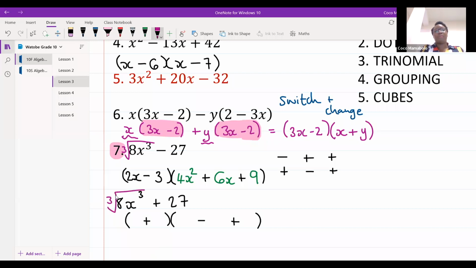Cube this one and cube that number. If I cube 8x cubed, it's going to give me 2x. If I cube 27, I'm going to get 3. Then I just do the same thing again. 2x all squared is 4x squared. I'm going to explain again now, Tebo. 3 squared is 9. And then 2x times 3 will give me 6x.